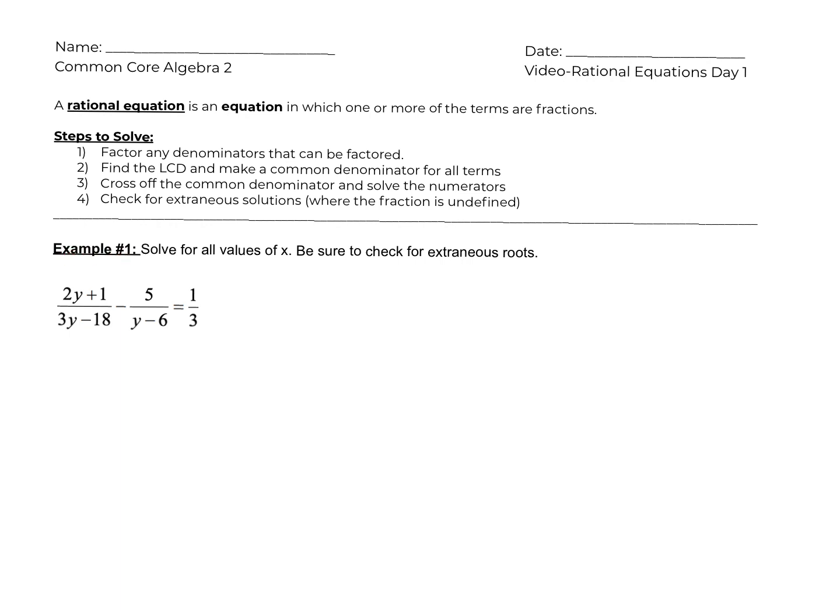Example number 1 says solve for all values of x and be sure to check for extraneous roots or extraneous solutions. The word extraneous means where the fraction is undefined.